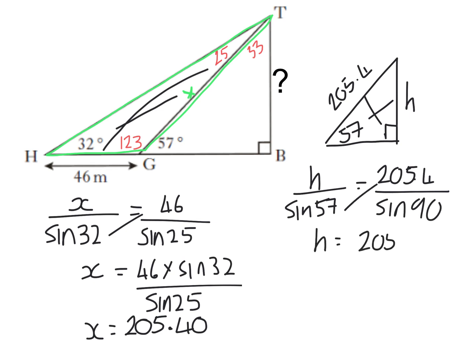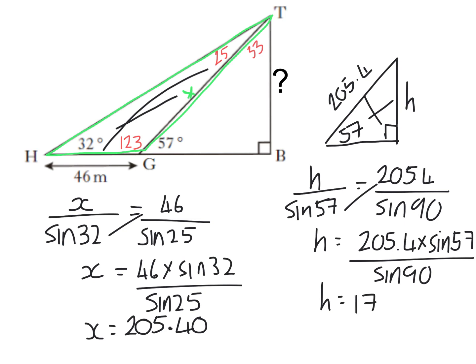So we've got 205.4 times sine 57 all over sine 90. I'm going to just use the exact answer because it's still sitting on my calculator screen, and times that by sine 57. Dividing it by sine 90 makes it 172.26 to 2 decimal places.